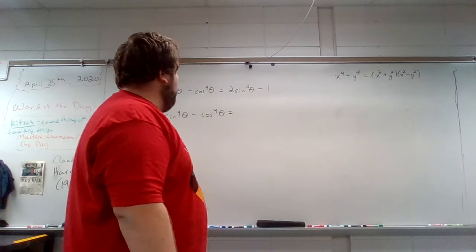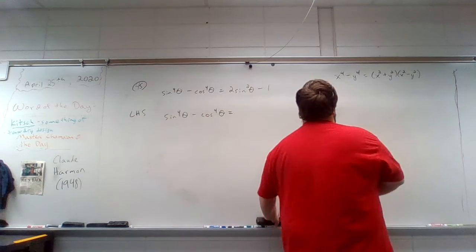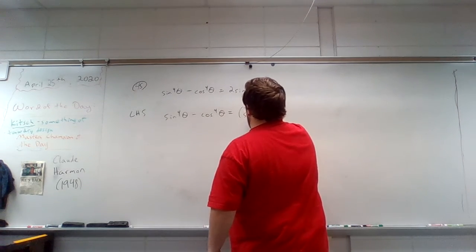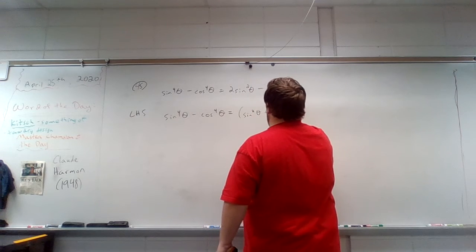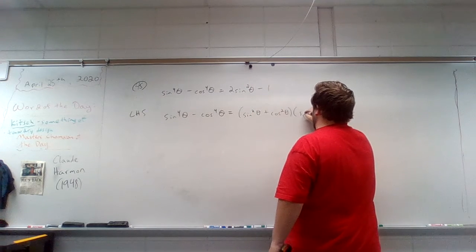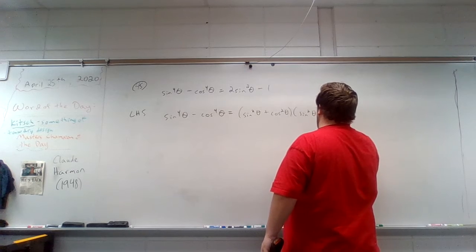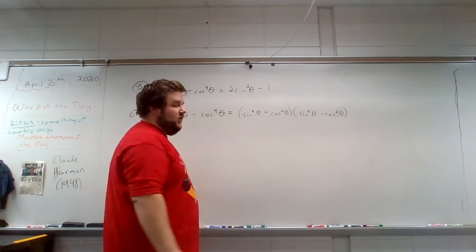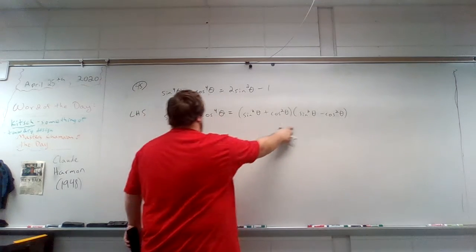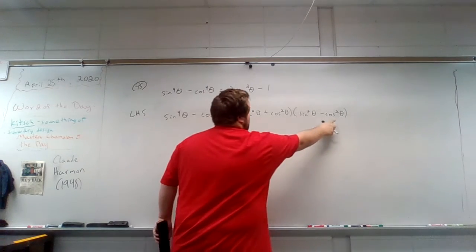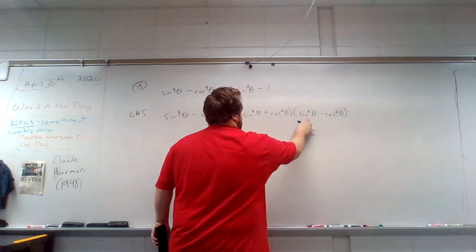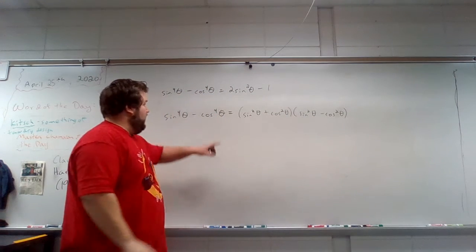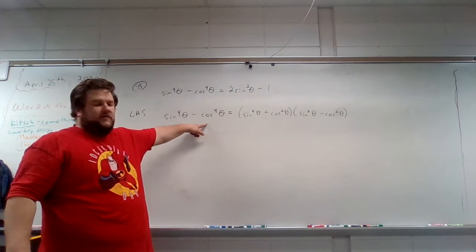Okay, so how is this going to factor? It's going to factor as sine squared plus cosine squared and sine squared minus cosine squared. And you can check pretty easily that that is going to work out. Sine squared times sine squared, sine to the 4th. These middle two sine squared, cosine squared terms are going to cancel. And then cosine squared times negative cosine squared is minus cosine to the 4th. So we factored it.